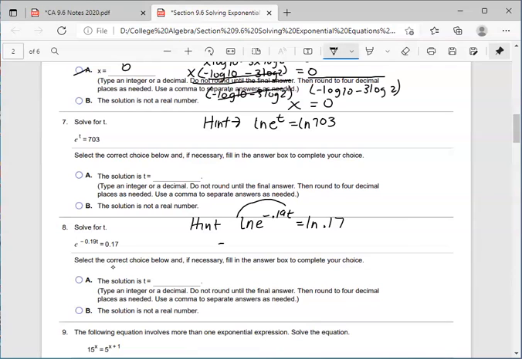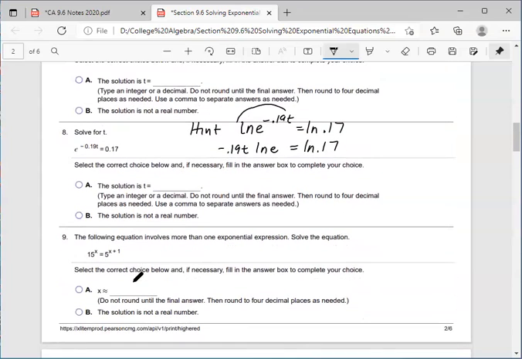You move that negative 0.19t down to the front. Then you're going to divide by the negative 0.19 and the natural log of e. That one is like what we were doing in the notes a lot.